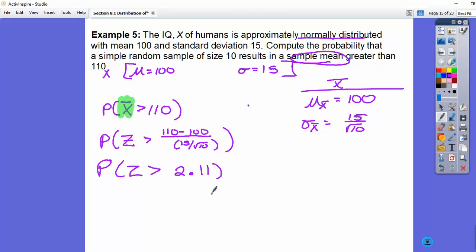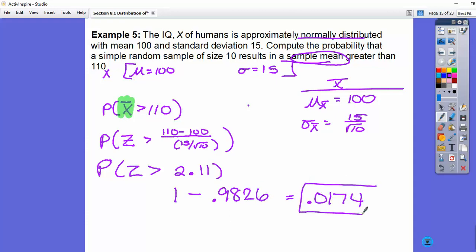The table tells you the probability less than, so for greater than you do 1 minus. Then we read that 2.11 is 0.9826. We get 0.0174. So very low probability that in my sample of 10 people, I will have an average IQ greater than 110.